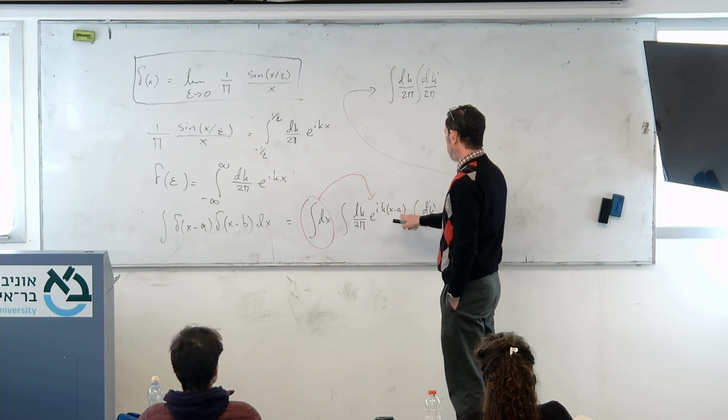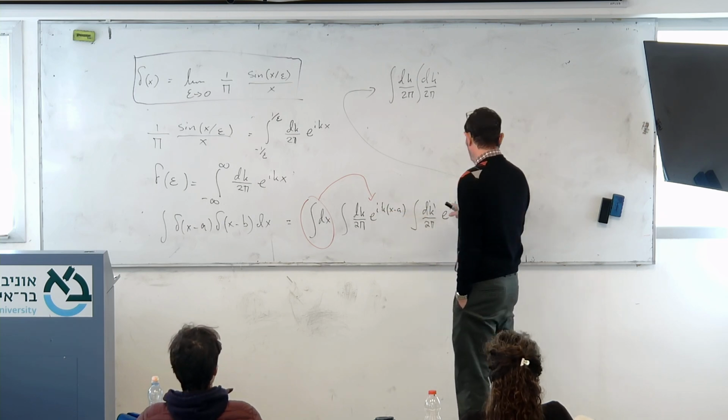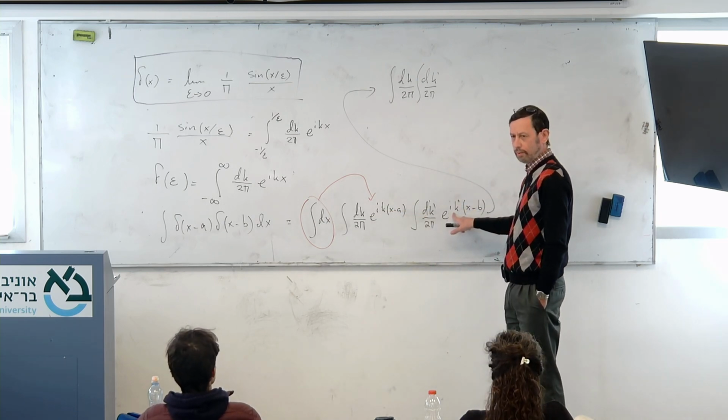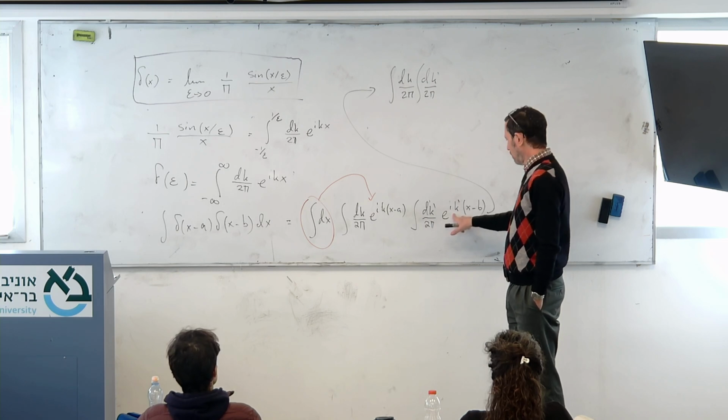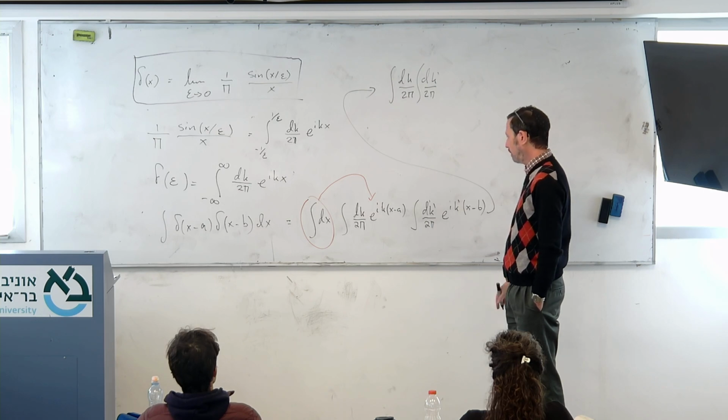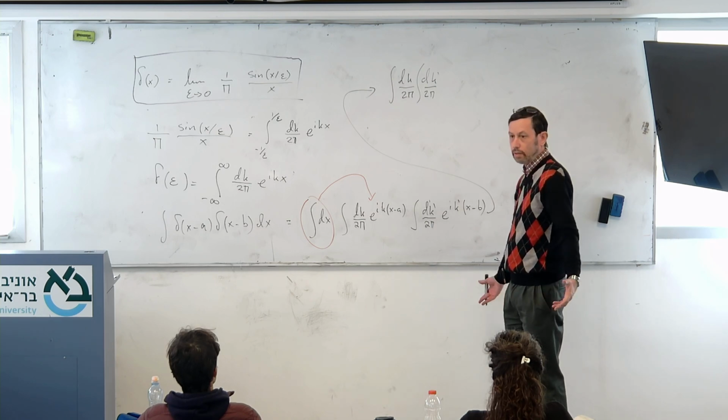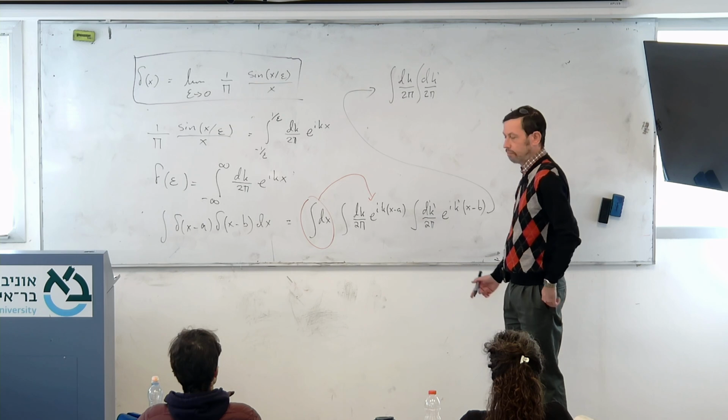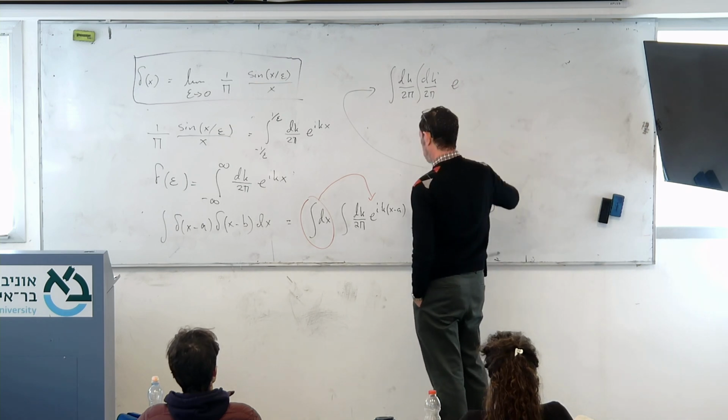e to the power ika, and e to the power ik prime times minus b, doesn't depend on x, right? So I can write it here.